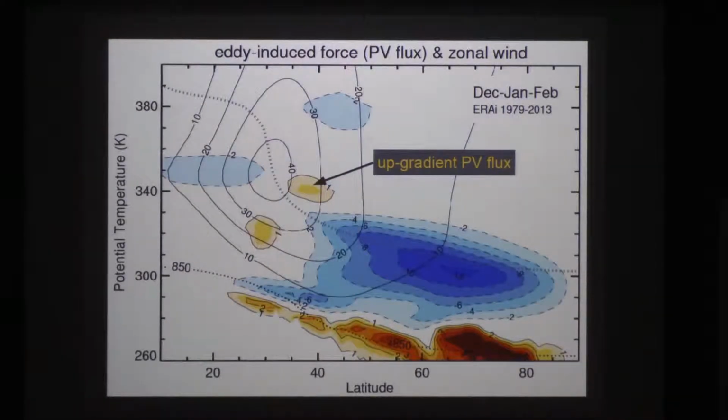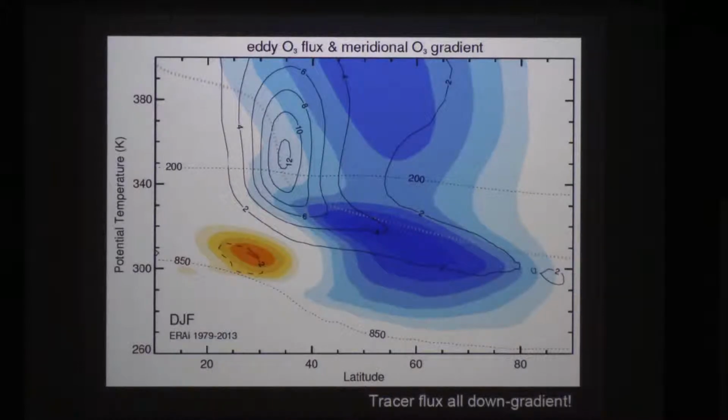So this is the PV flux, and to make sure, this is very different from what you would get from a passive tracer. Just to make sure you can see that, I grabbed one. This is ozone fluxes from the same data set, and the black contours show you the meridional gradient of ozone, which is positive everywhere here, and you see that everything is blue, everything is negative in this case.